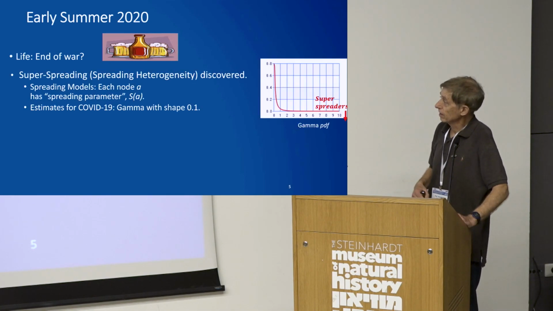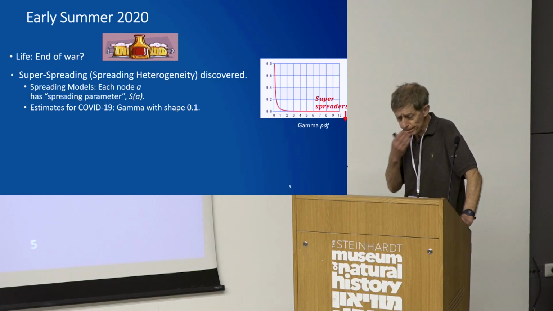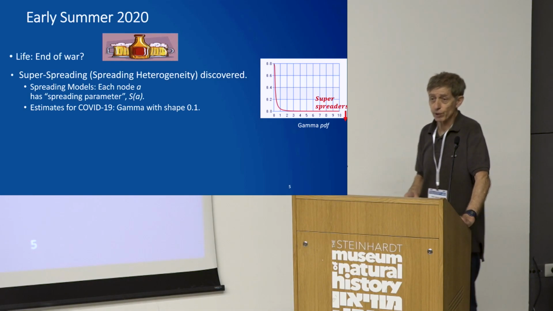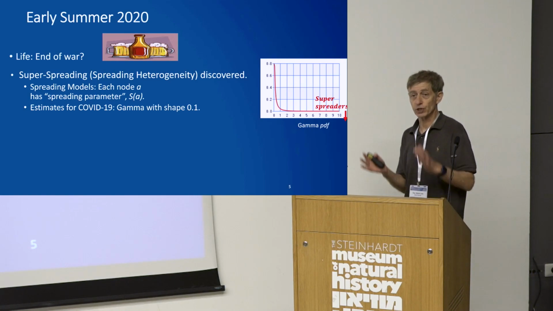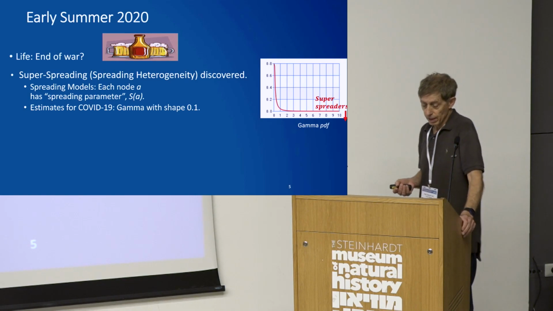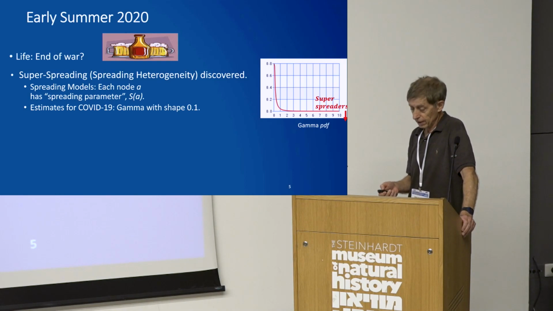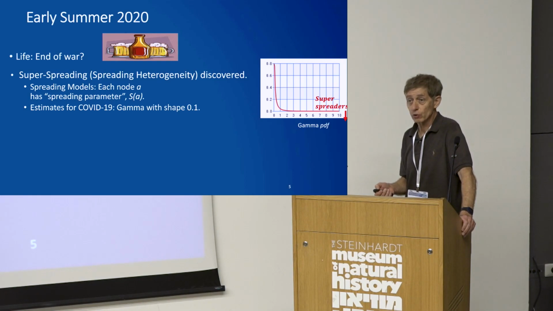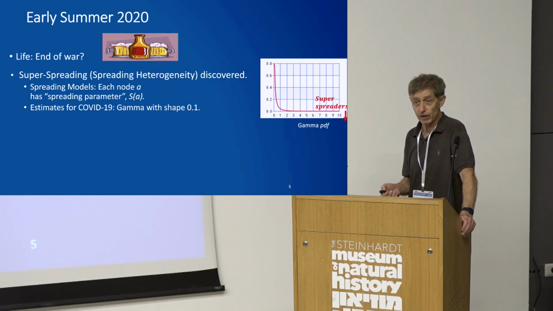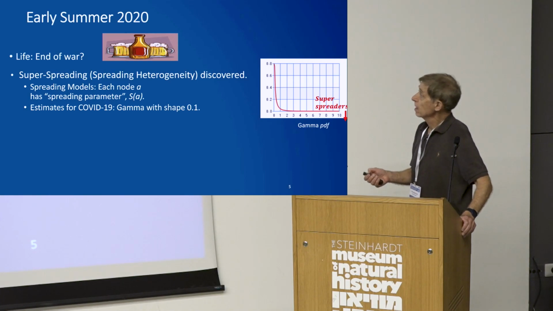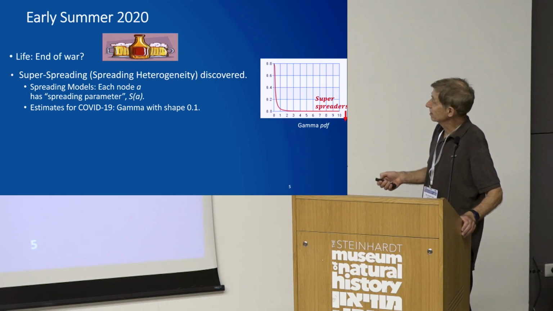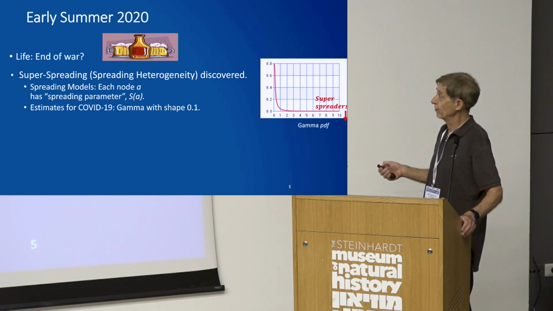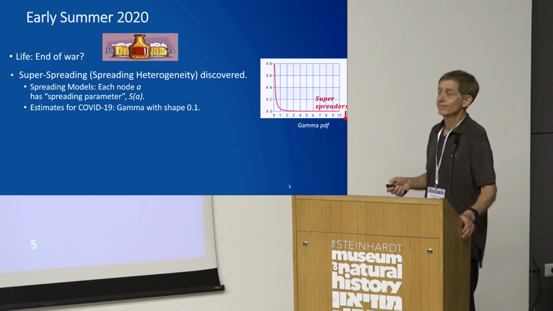And on the scientific front, people discovered super spreading. Super spreading is basically a heterogeneity of the spreading. What super spreading says is that spreading is not homogeneous. Some people infect more, some people infect less. For example, if this is the distribution of infection, this axis says how many people you would infect, and this says what fraction of the population infects that many.